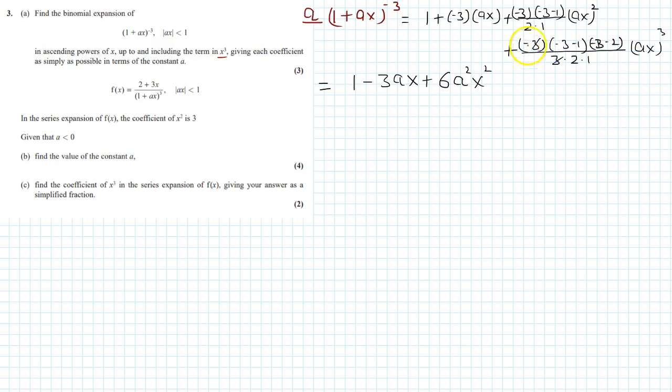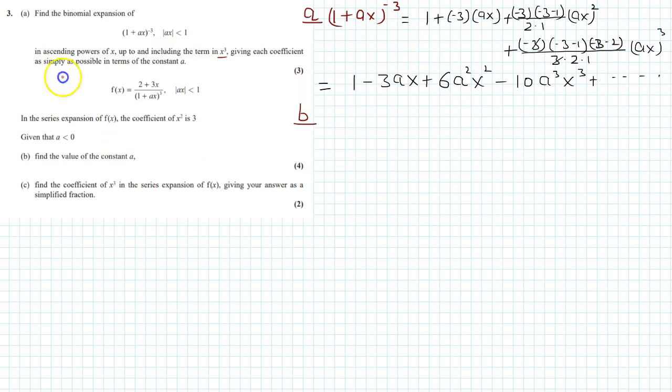This 3 and 3 cancel, negative 1 remaining, this is negative 1, negative 2, this is 2 and negative 5, that is negative 10, minus 10 a cube x cube plus. That is the expansion of (1 plus ax) to the power minus 3.